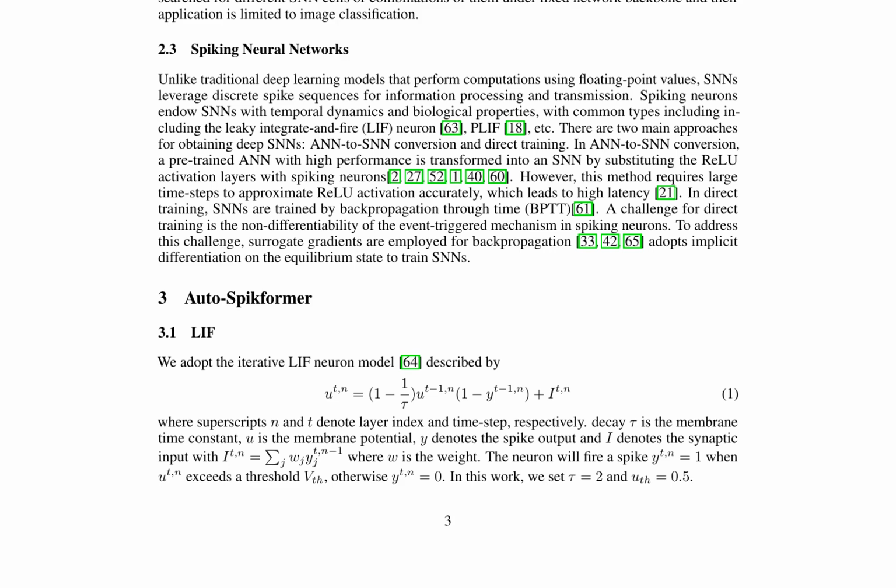This model is described by the equation U[t,n] = (1 - 1/tau) U[t-1,n] (1 - Y[t-1,n]) + I[t,n], where U[t,n] is the membrane potential, Y[t,n] is the spike output, I[t,n] is the synaptic input, and tau is the membrane time constant. The neuron fires a spike when the membrane potential exceeds a threshold, V_th. In this work, the authors set tau equals 2 and V_th equals 0.5.